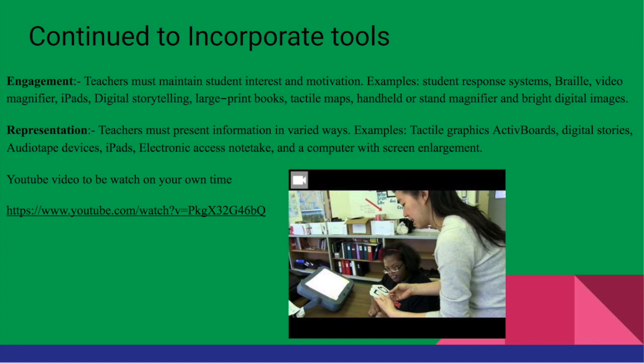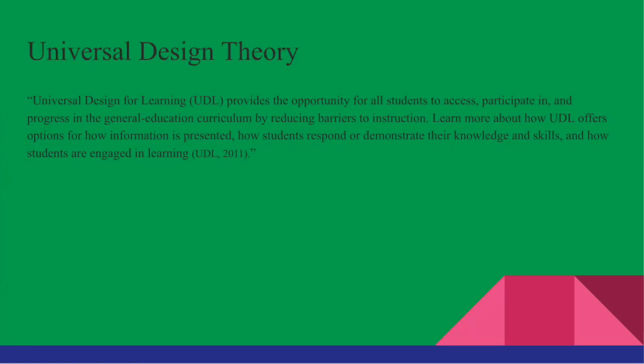Example, adding text or audio to describe what's happening in the video to support access by a person with visual difficulties. And according to Universal Design Theory, universal design for learning provides the opportunity for all students to access, participate in, and progress in the general education curriculum by reducing barriers to instruction.